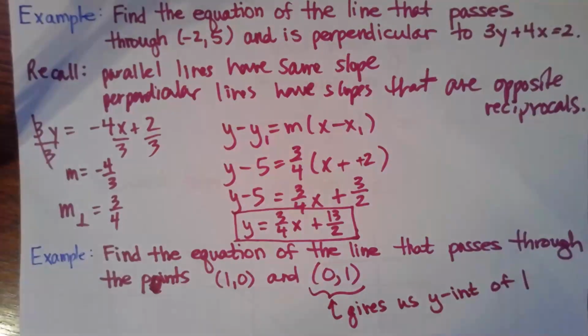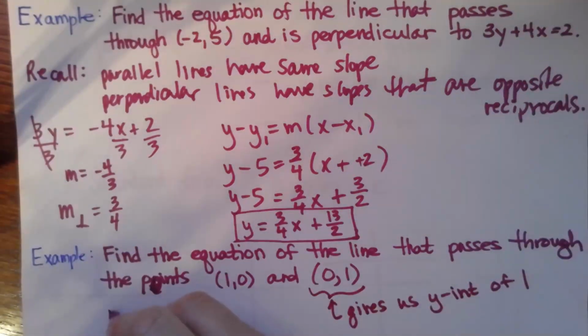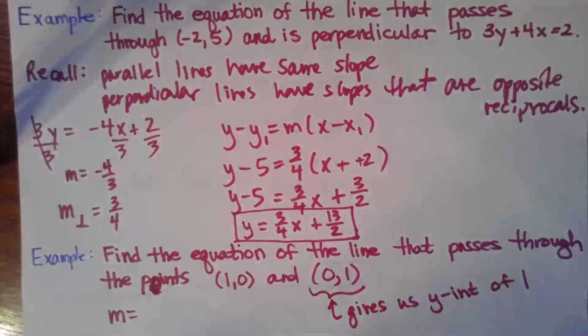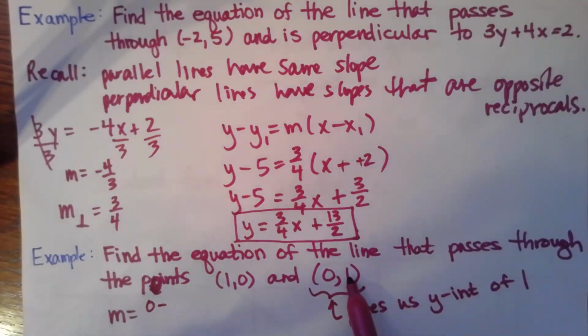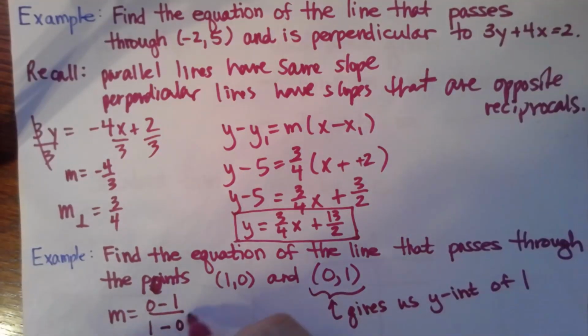Right. Okay. So all we really need is the slope. So let's do y1, which is 0, minus y2, which is 1, over x1, which is 1, minus x2, which is 0.